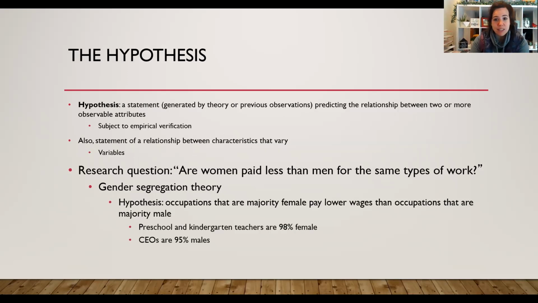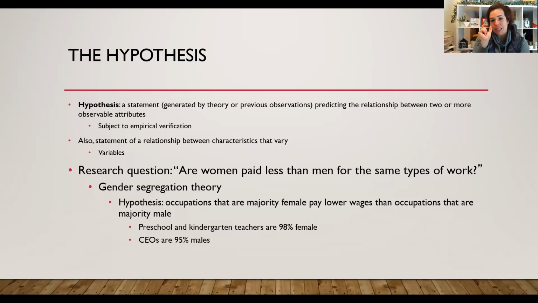What is a hypothesis? That's important too. So a hypothesis, and this is key, I want you guys to remember that, it is a statement. It's not a question, it's a statement. And you are opining, you are stating, you are commenting, or predicting the relationship between two or more observable attributes, okay?